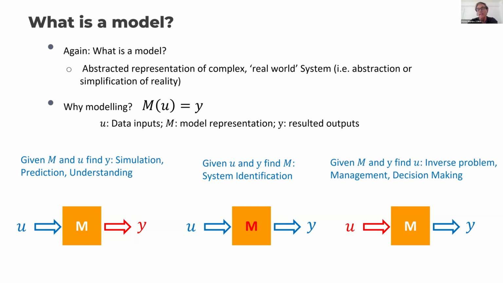This is very useful in management, in decision making, because usually in decision making, you know what you want for that system. For example, you have a threshold of pollution for that system. You know this system cannot have a concentration of pollutant higher than this.